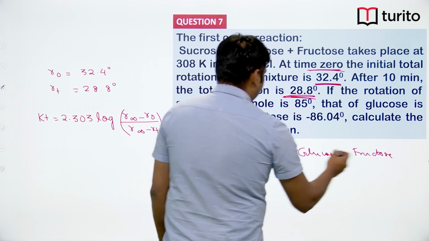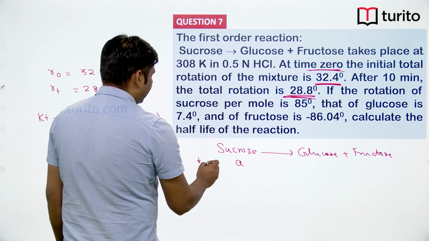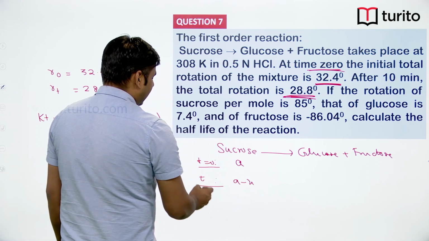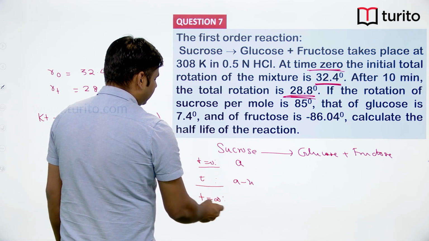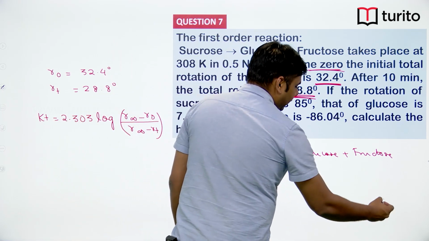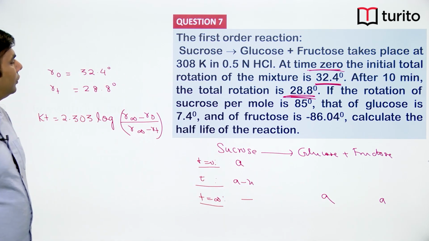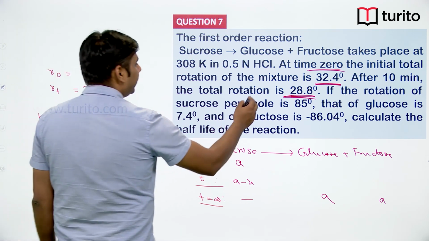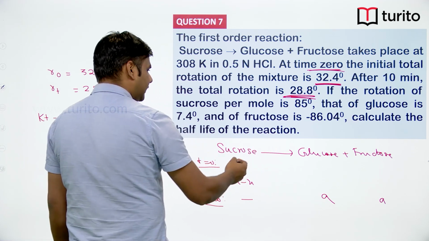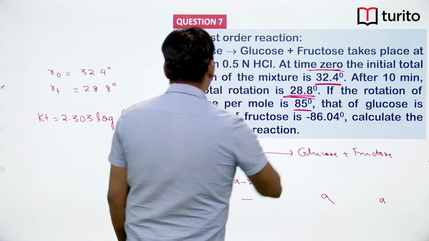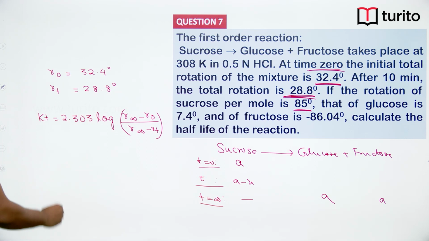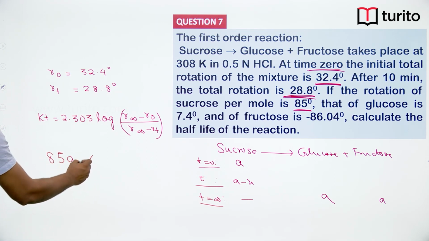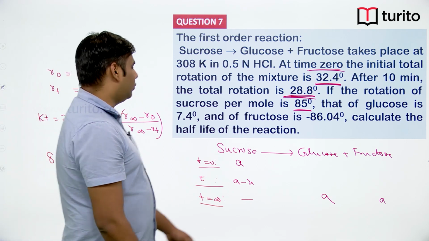At time t equals 0, suppose this is A. After time t, x amount has reacted, so it would be A minus x. At time t equals infinity, it would have completely reacted, forming A and A. We know the optical rotation of sucrose is given as 85 degree, so at time t equals 0, 85 into A is proportional to 32.4.